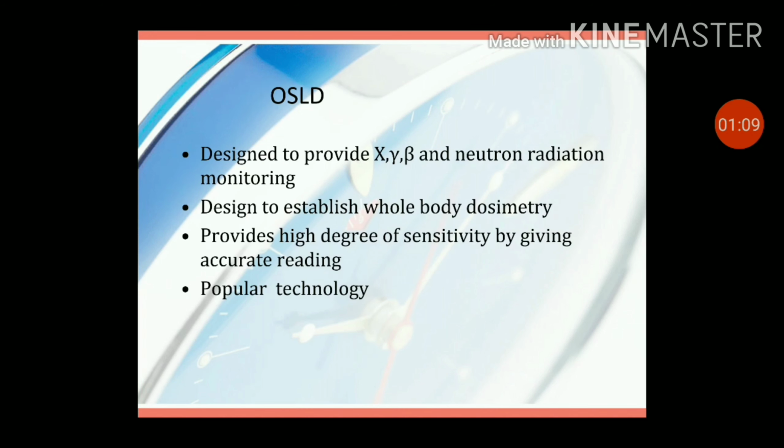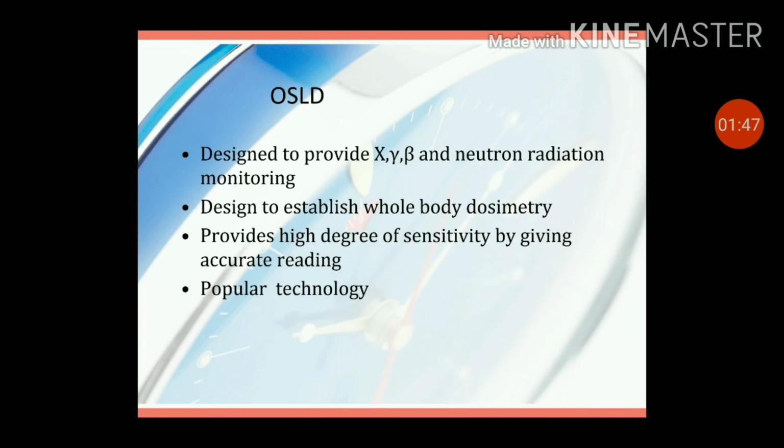OSLDs are designed to provide X-ray, beta ray, gamma ray and neutron radiation monitoring by OSL technology. OSL is a method that is designed to establish itself in whole body dosimeters. So OSL dosimeters provide a very high degree of sensitivity, giving an accurate reading as low as 1 millirem for X-rays and gamma ray photons with energy ranging from 5 keV to 40 MeV.